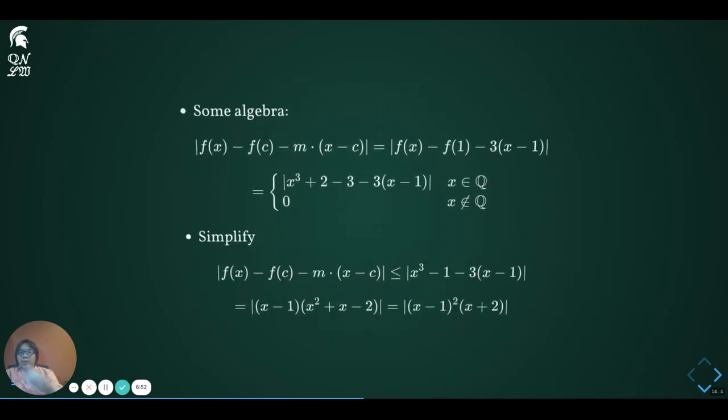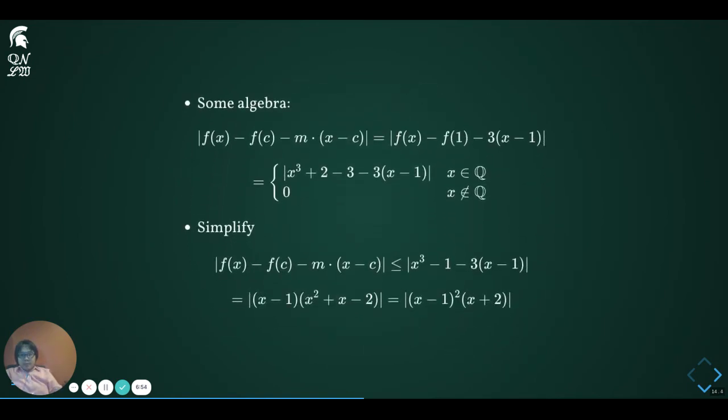We start by doing some algebra. For the epsilon-delta definition, we need to compute the difference between the function and its best linear approximation. Plugging in c equals 1 and slope m equals 3, in accordance with our expectations, we see that after subtracting 3 times x minus 1 minus 3 from the function's definition, the difference is again only piecewise defined.